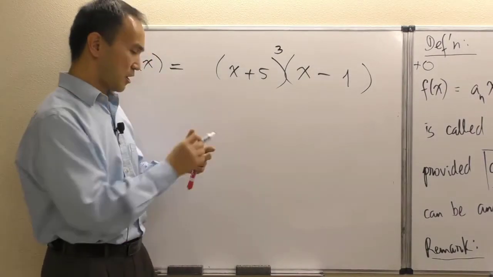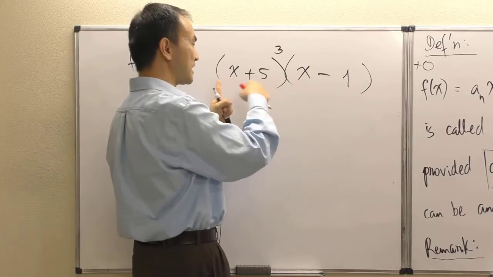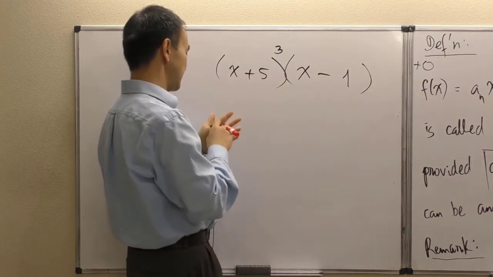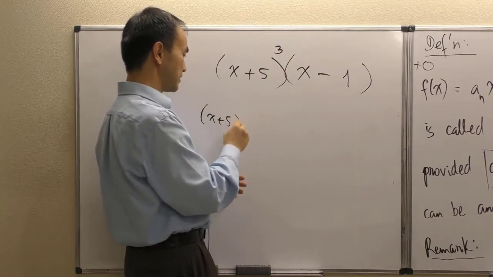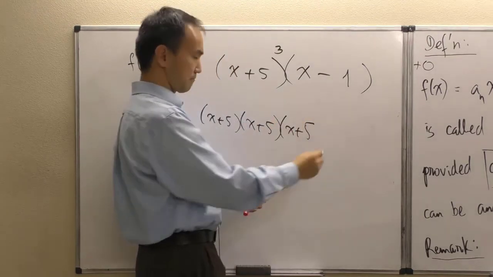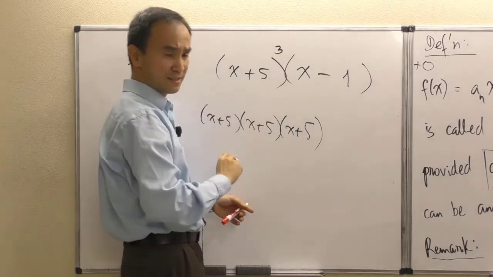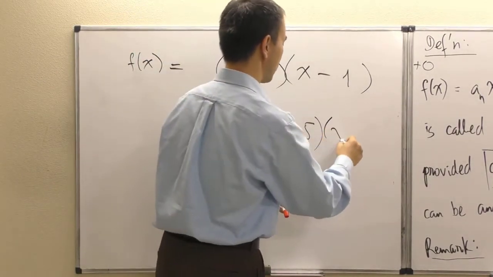We will get to this term formally, but on this particular factor, this power 3 means x plus 5 times x plus 5 times x plus 5. That's just a quick explanation about what the 3 here means. We think of that as 3 identical factors x plus 5, and then multiply with x minus 1.